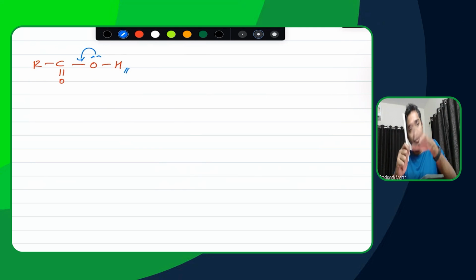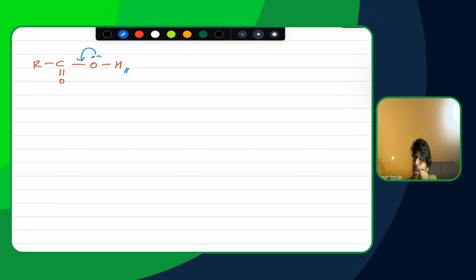One end is heavier, the other end is lighter. One end is bigger, the other end is smaller. The problem is the smaller end is also heavy in its own way, not in terms of mass, but in terms of charge. You understand the idea there?